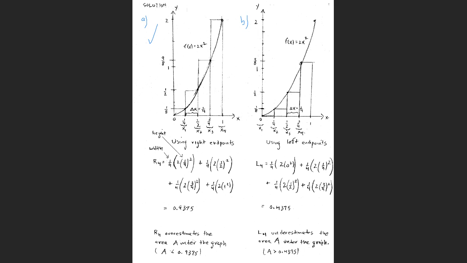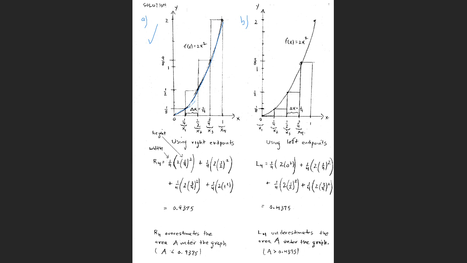But let me just talk about this graph here that you see. So what I've done is I drew the function f of x equals 2x squared. Okay, I drew it right here. Okay, there it is. And what I want to do is I want to estimate the area underneath the curve.